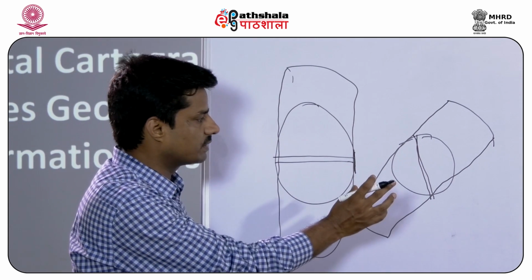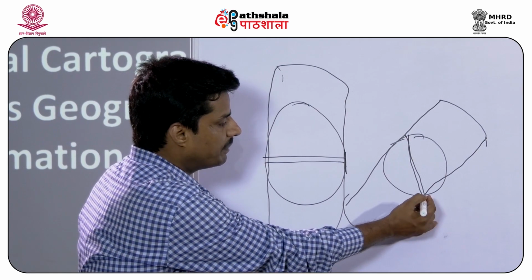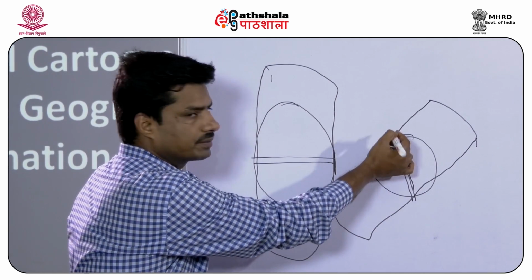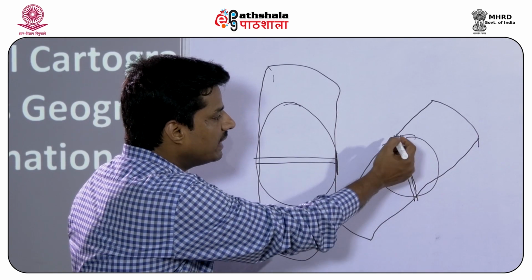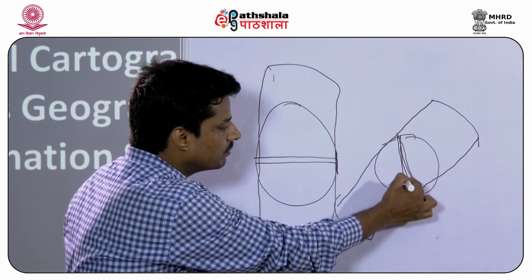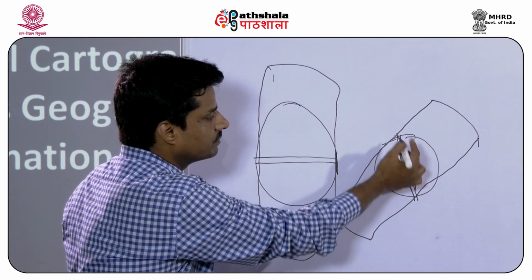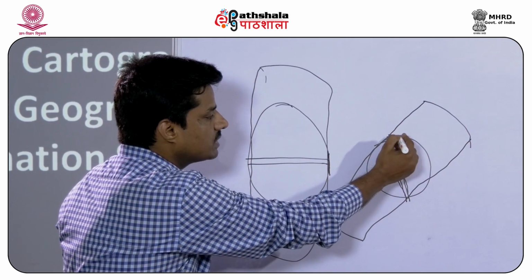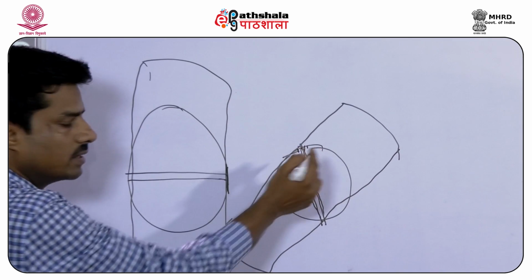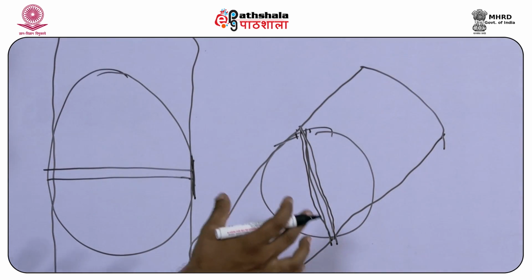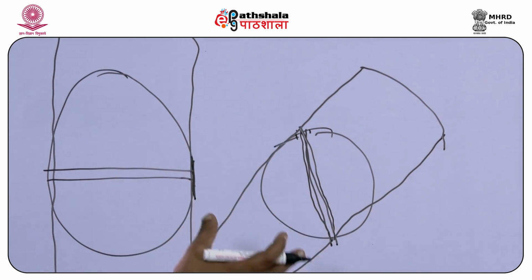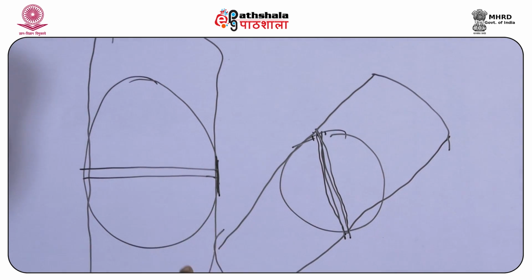But when we transverse it, it becomes parallel to the meridian, meaning the scale becomes true along this meridian, and the area marked by this meridian is close to true scale. And we continue to rotate this cylinder over the globe.